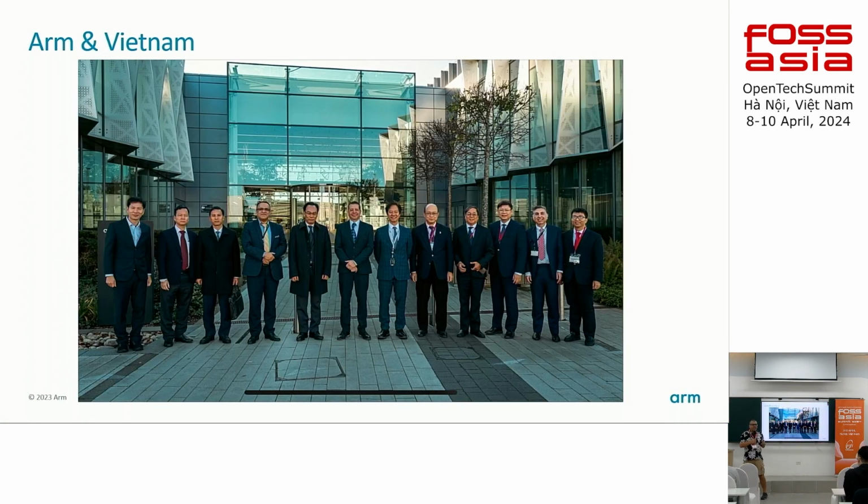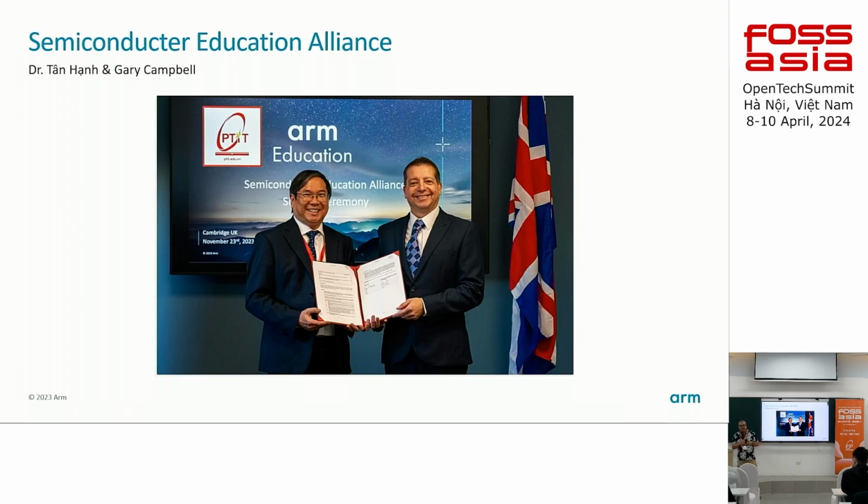So ARM in Vietnam, at the end of last year, our education and university team hosted a delegation from the Vietnamese education organization, and pleased to say that we have signed an agreement with the Vietnamese government to join the Semiconductor Education Alliance.